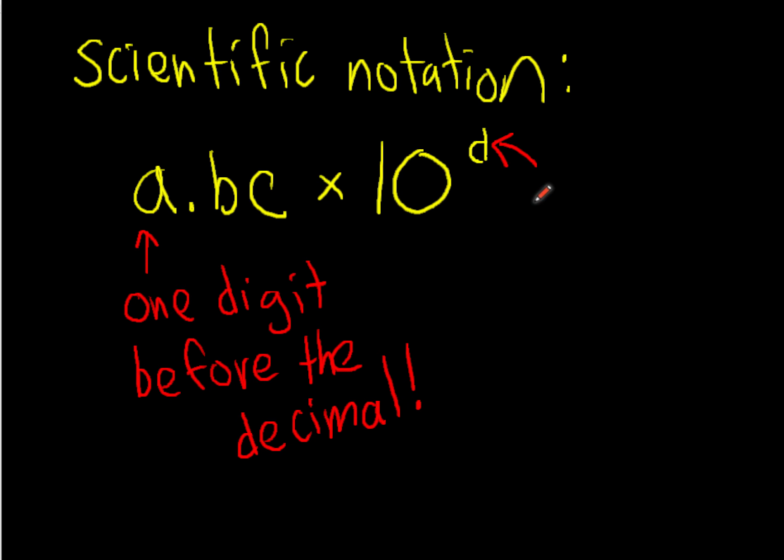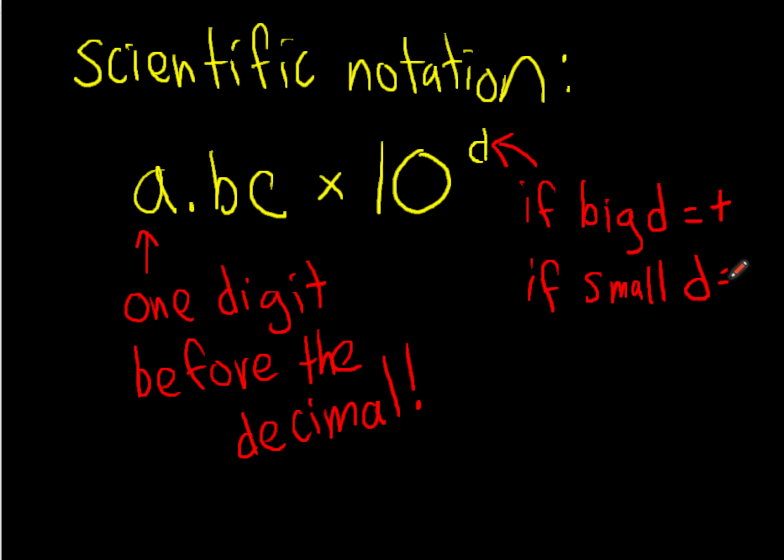D is an exponent. It's positive if it's a big number you're changing, and it's negative if it's a small number that you're changing into scientific notation.